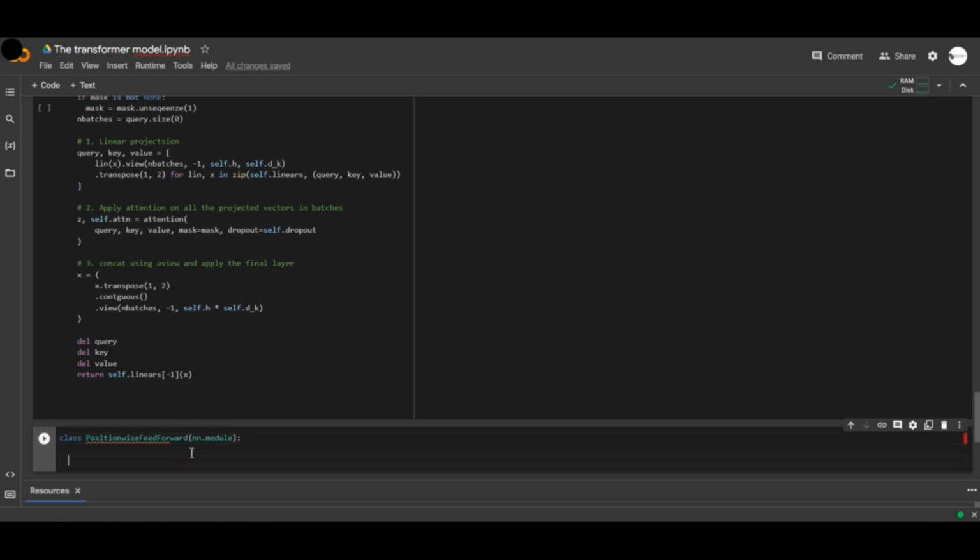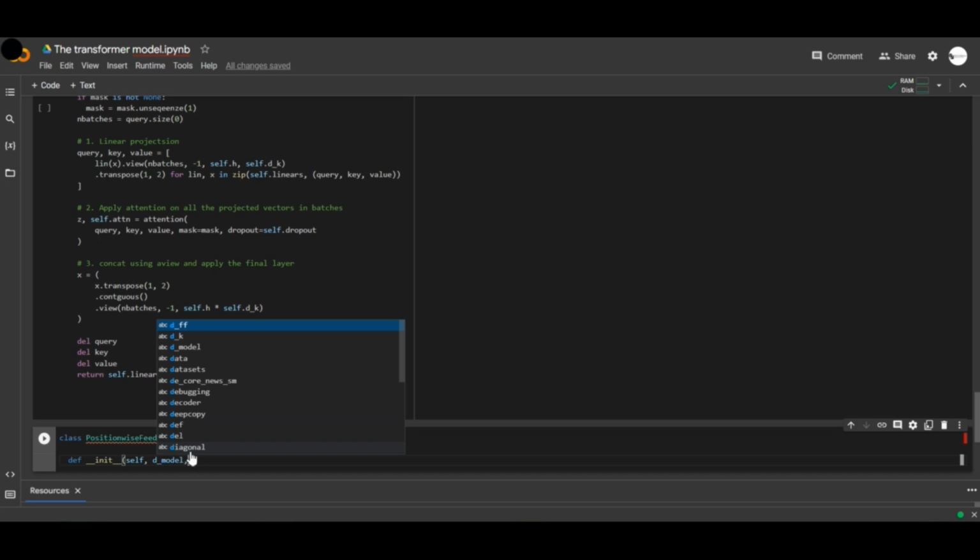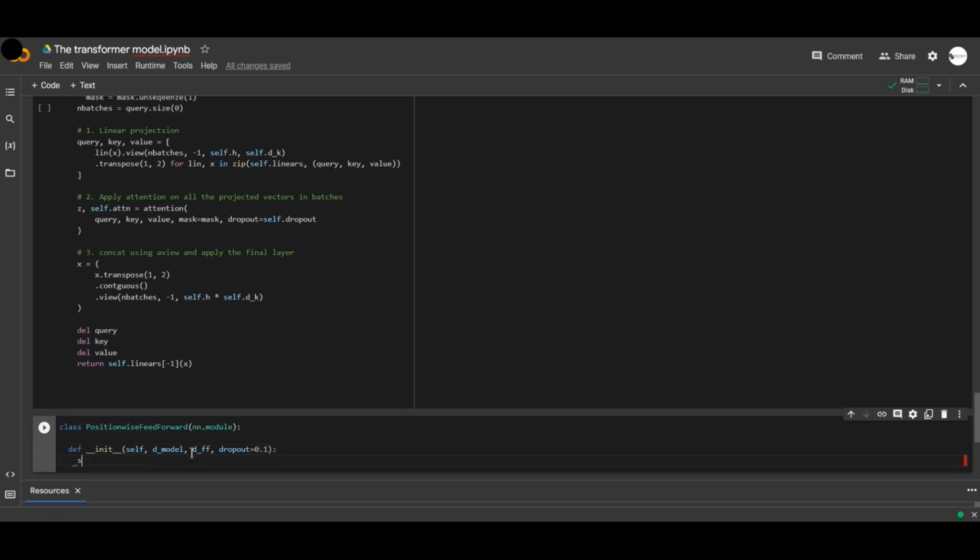This will be fairly quick. We define init, then we take self, the dimension of the model, the dimension of the feed forward, and the dropout. We're going to make sure the default is 0.01. Then we call super. To avoid making a silly mistake, I'm just going to copy this and, as usual, call self dot init.